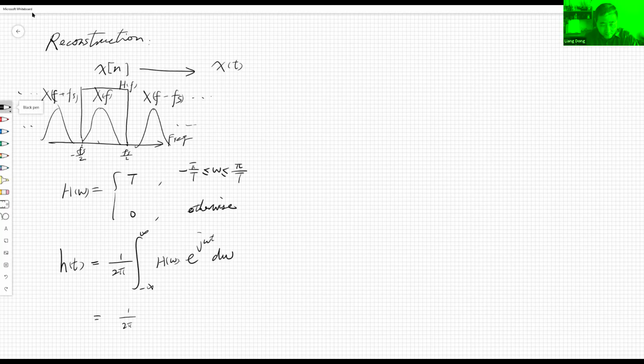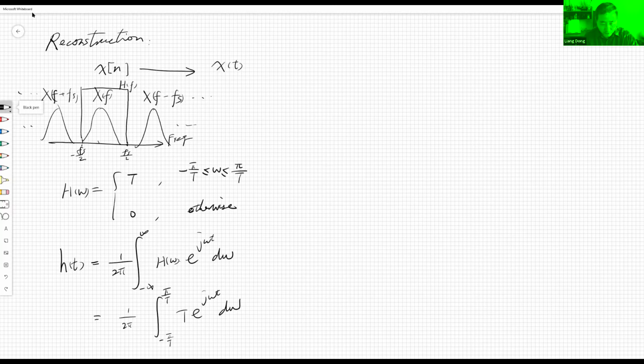Since H(omega) is a rectangular function, it's very simple. I only need to limit the integration, so it's from negative pi over T to pi over T, of T e to the j omega t d omega. Only in this range do I get a constant value T. Other than that, it's all 0.